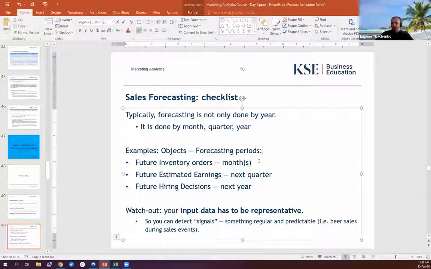pretty much well aware of how the demand on the market will look like for the next 2-3 months. You're dealing with future inventory orders. That's the only forecasting period you will be referring to, and the depth of your forecast will be at the monthly level.